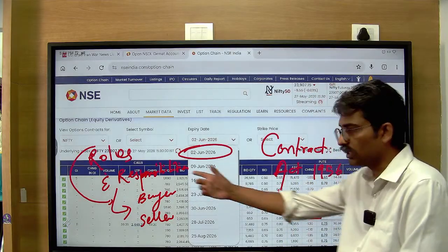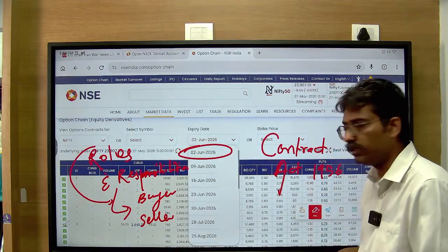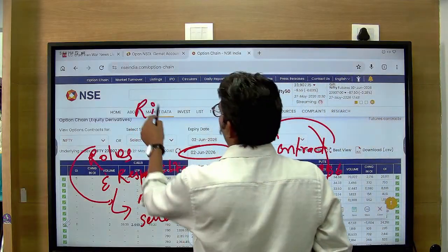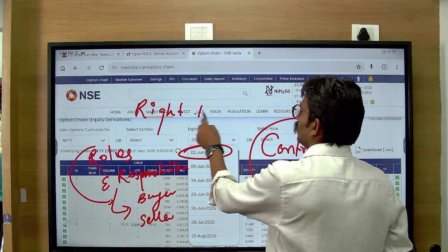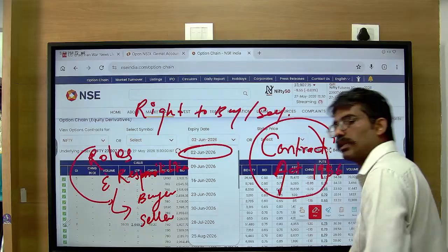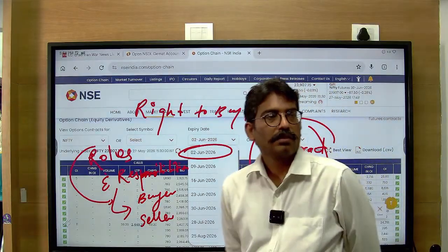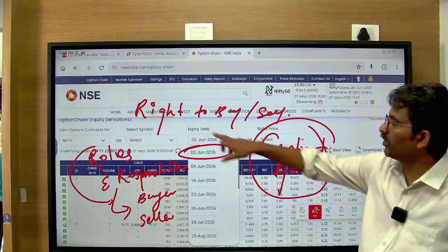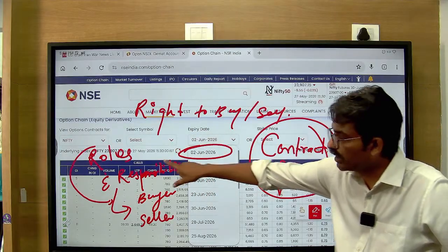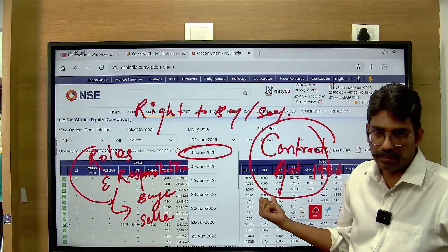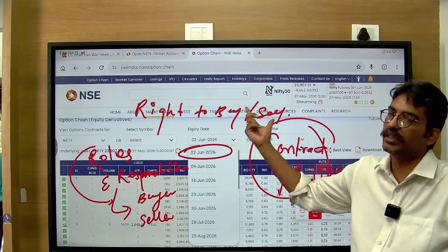But when you come to the deliverable part of it, who will do what, then you are bothered about right to buy and right to sell. Is it clear? Yes or no? There were no computers, there was no apps, there was no internet. So people were bothered about their roles and responsibilities while getting into this product, which is nothing but a contract, and hence they were talking only in terms of buying.